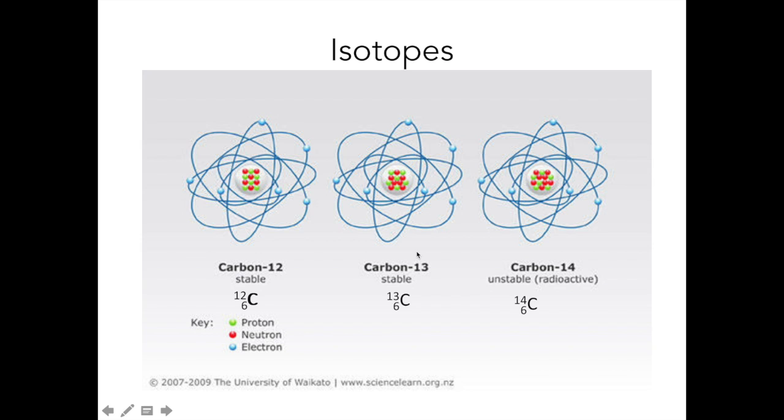This one here, if you want to count, it's got 7 neutrons. So 6 protons, which is by definition what carbon is, plus 7 neutrons means the mass is 13. This is carbon-13. We can add another neutron, and as long as we still have 6 protons, it's still carbon.